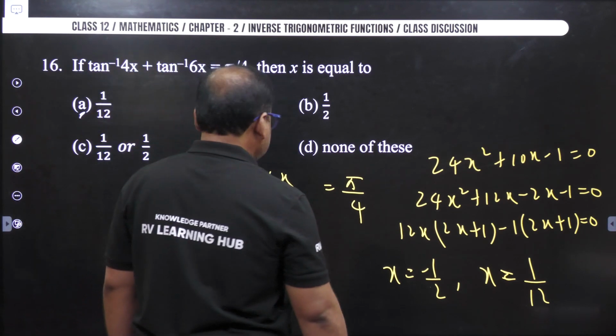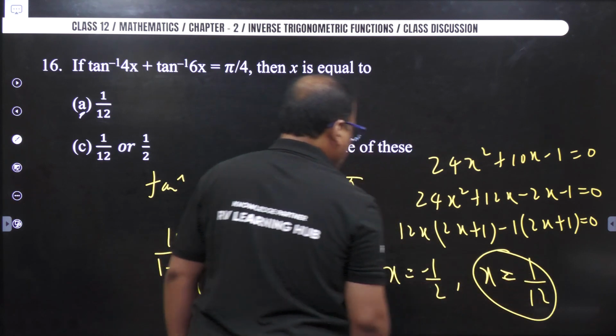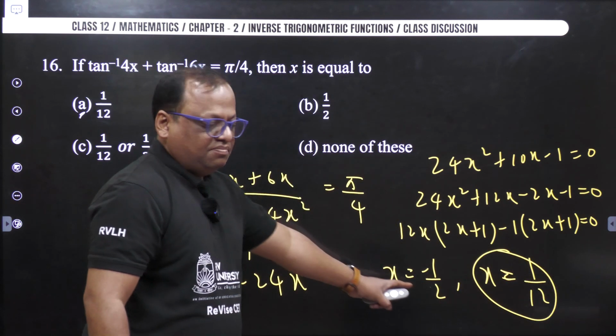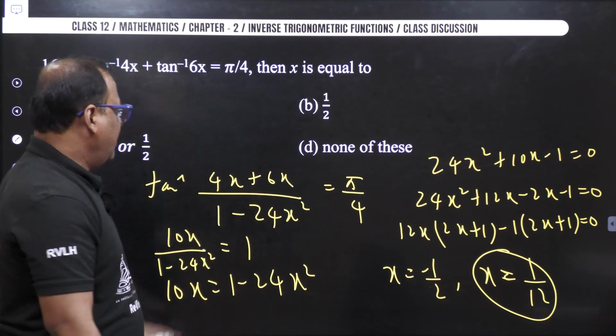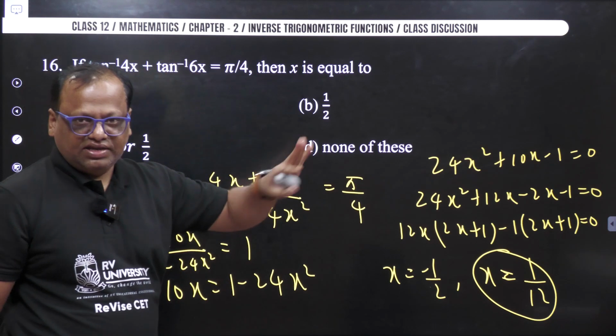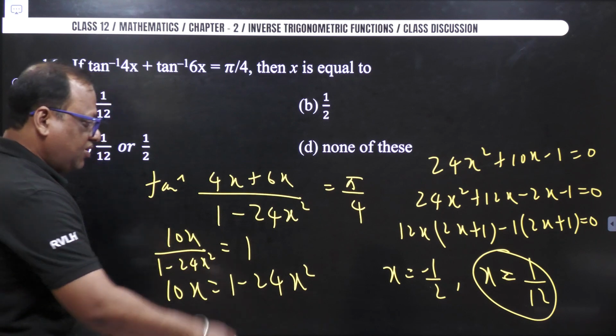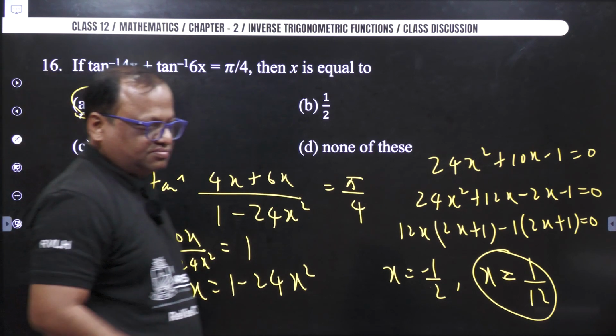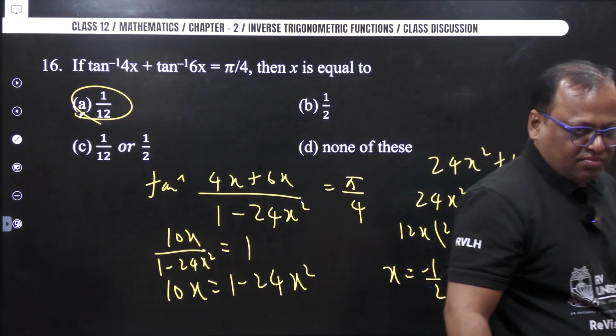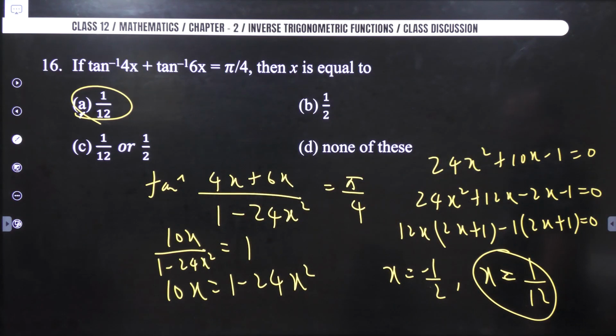So the answer is 1 by 12. Don't take minus 1 by 2 because the equation will not be established. It will become a negative quantity. Tan inverse of minus would come. Don't take that. The answer is 1 by 12. Negative value we have to omit.